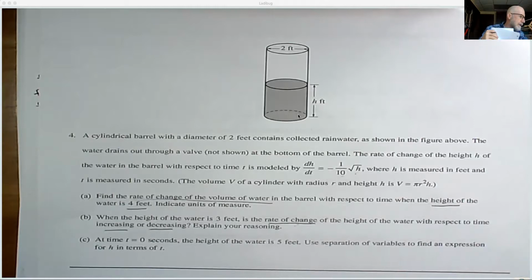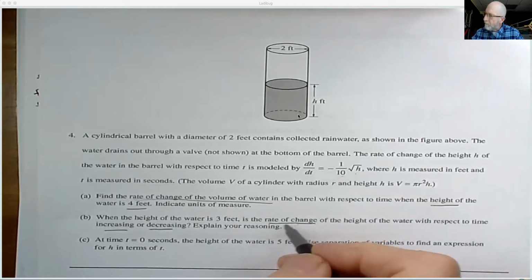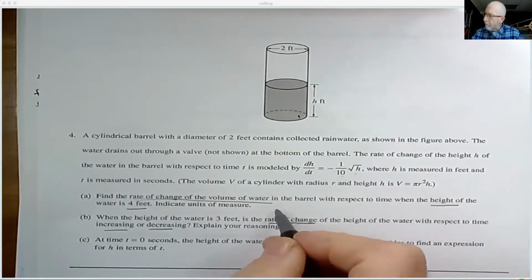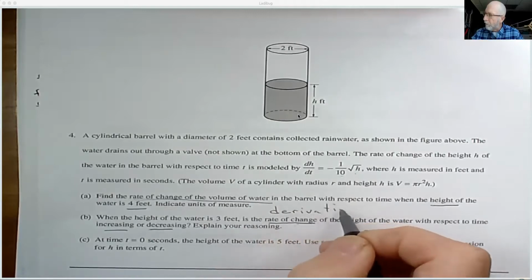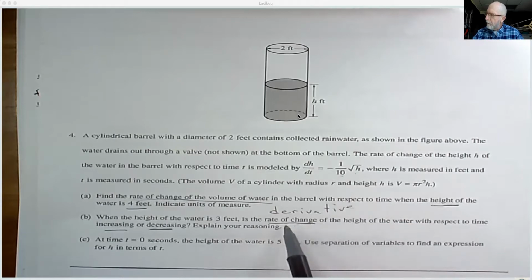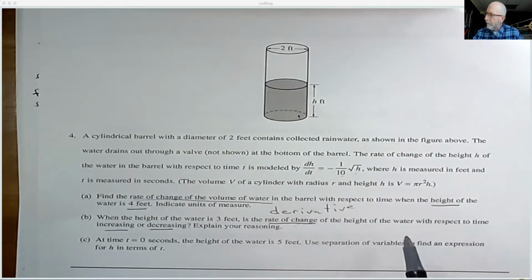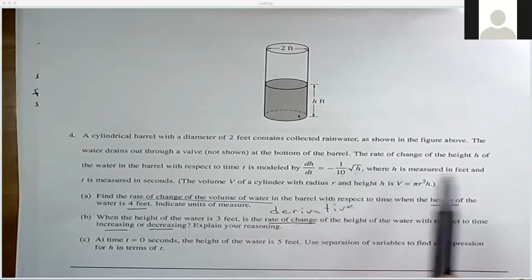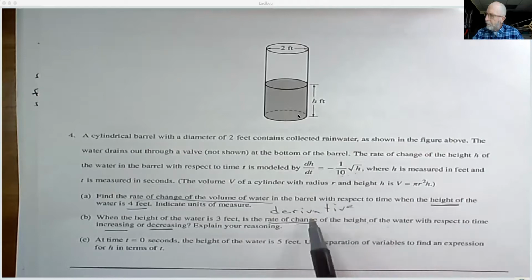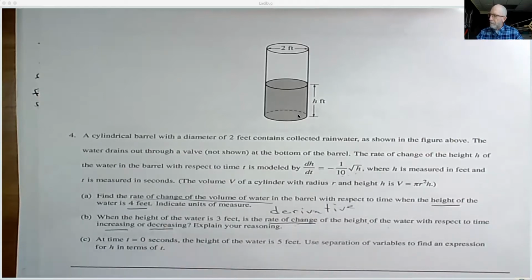It's a tough question, isn't it? Would you agree every time we talk about rate of change, we're talking about the derivative? So I could replace those words with derivative. So the question is, is the derivative of the height with respect to time increasing or decreasing? Does that help? Or does it make it more complicated by me saying that?